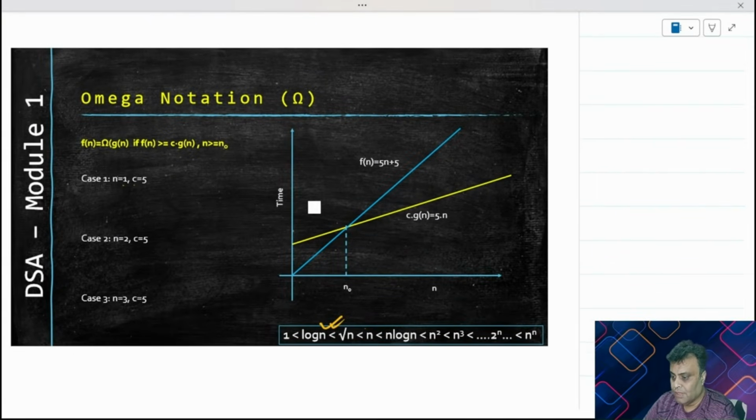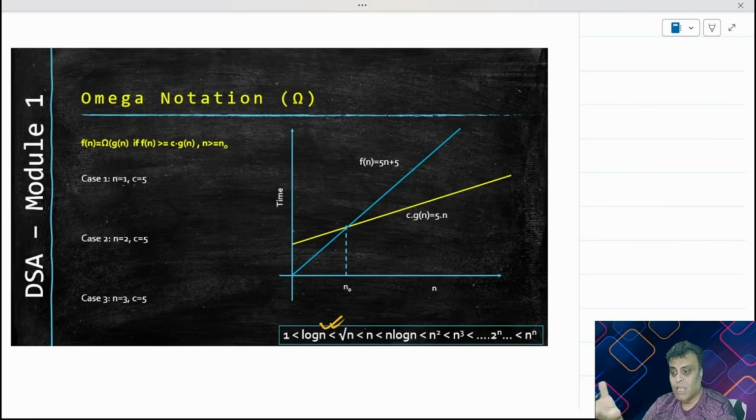What we'll try to do is align this number line, if I so call it, in terms of the ascending order of time complexities, to prove that, just like we proved for big O, that if we find the upper bound, anything to the right of that upper bound in terms of the conventional time complexities also becomes an upper bound.